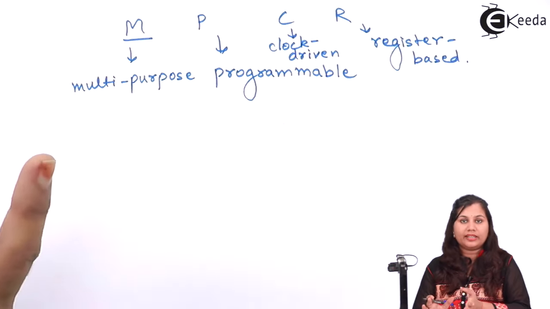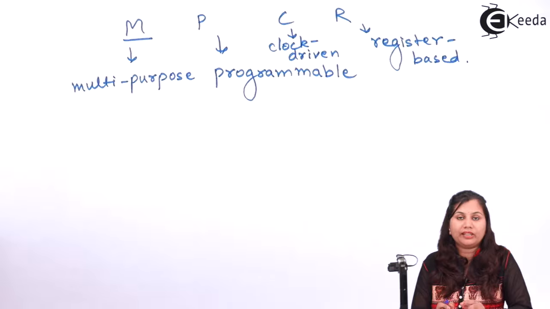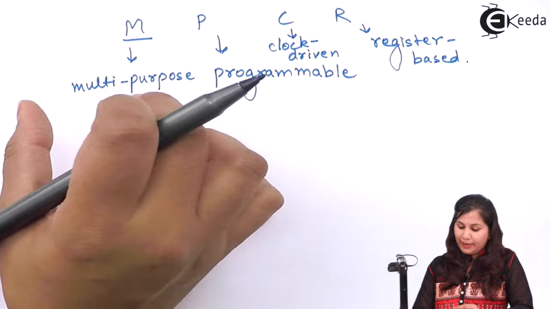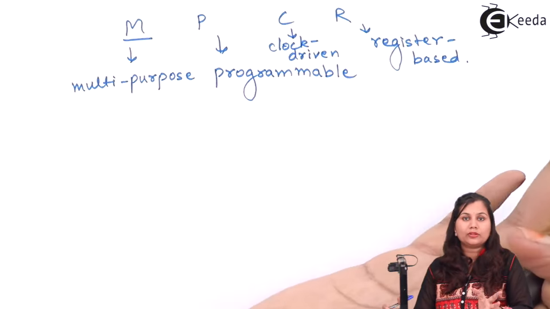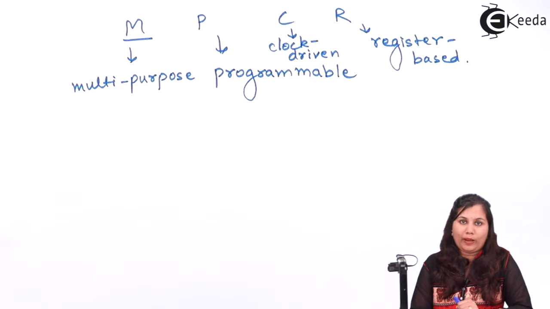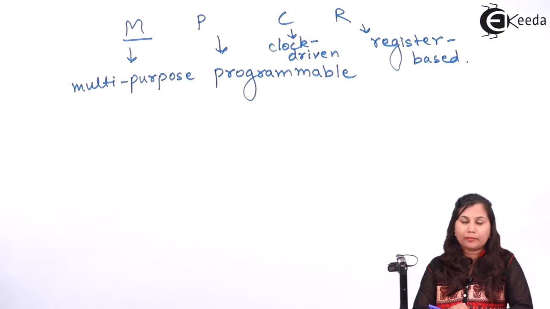So if anyone asks what a microprocessor is, we can define it in one line: a microprocessor is an electronic device, multipurpose, programmable, clock driven and register based. And we can then define what these terms mean.